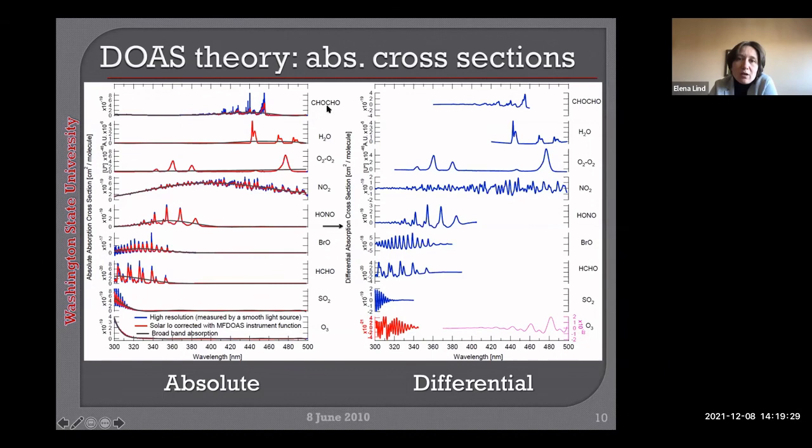This is glyoxal, water vapor, the oxygen collision complex, nitrogen dioxide, HONO, bromine monoxide, formaldehyde, sulfur dioxide, and ozone. These are the cross-sections, and you can see how unique they really are.